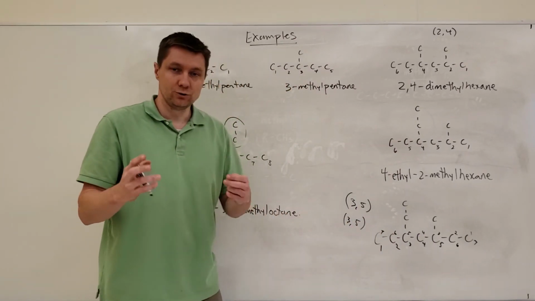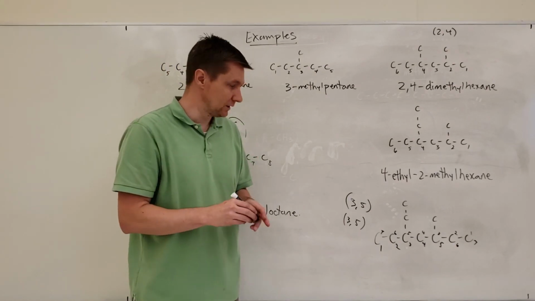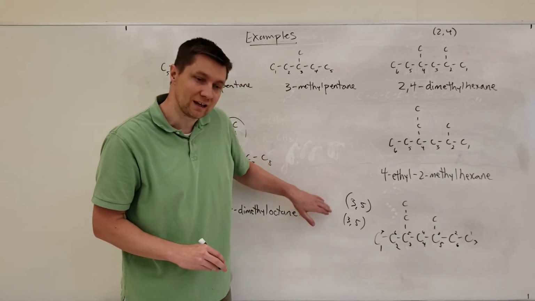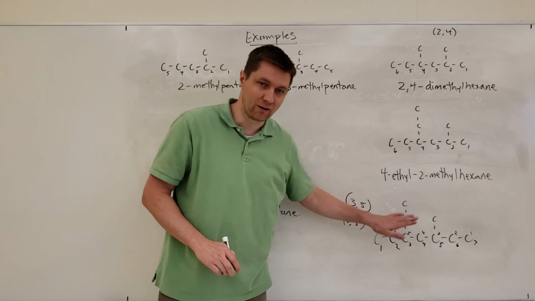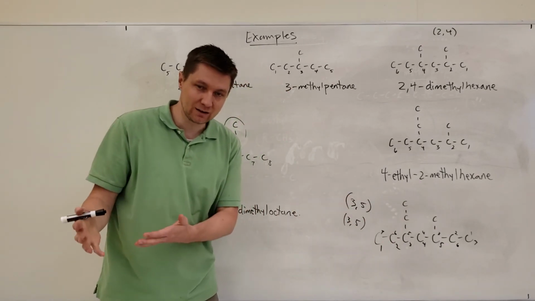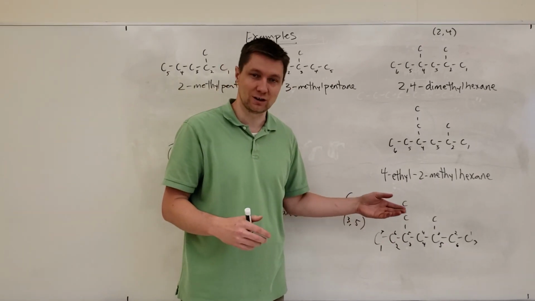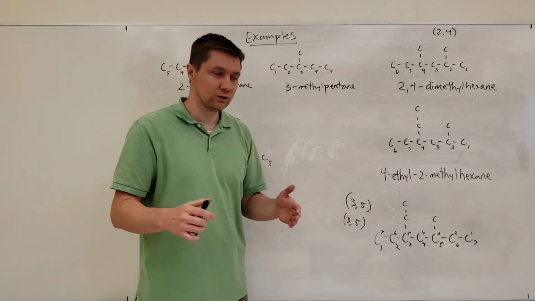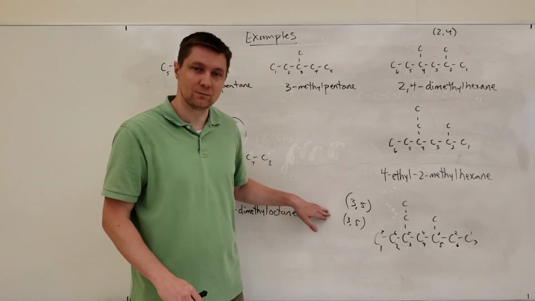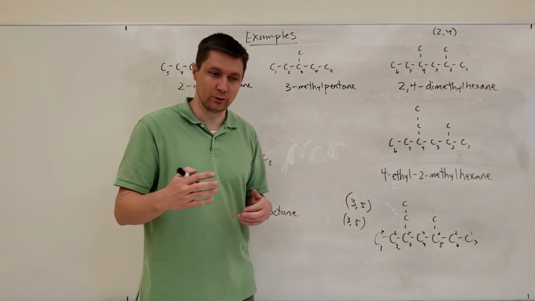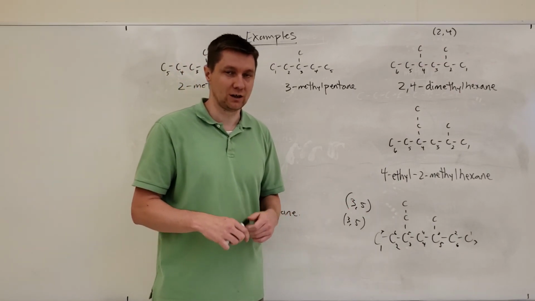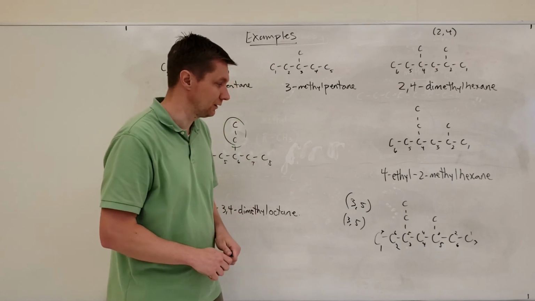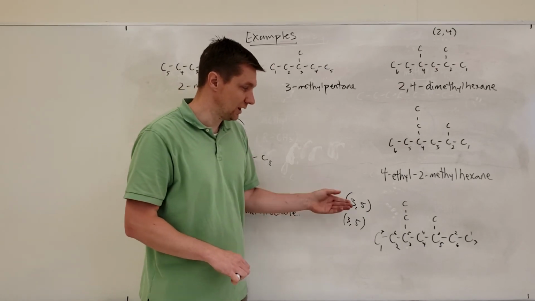So you do have to be careful with this one, because if the number sets are the same, but the branches are different, then the one that comes alphabetically first, you need to make sure that you're selecting the numbering system that gives that one the lower number. That's only if the numbering system ends up being the same for both branches, no matter which way you number the parent chain.